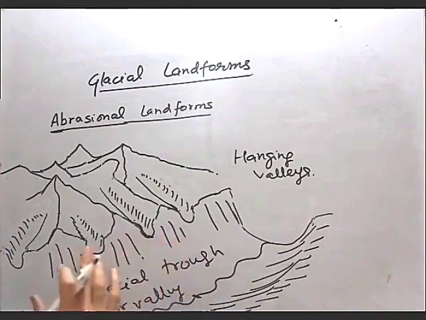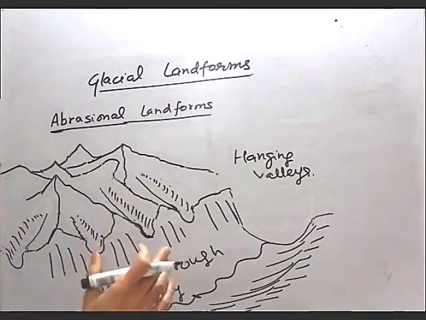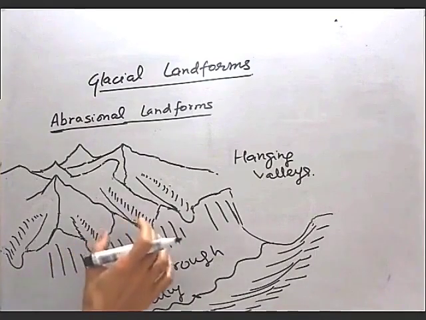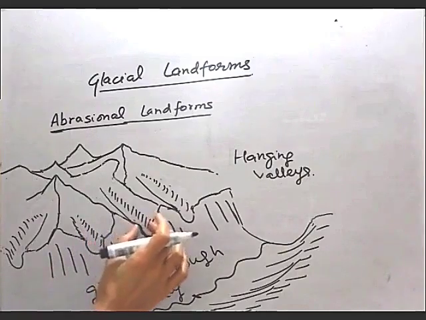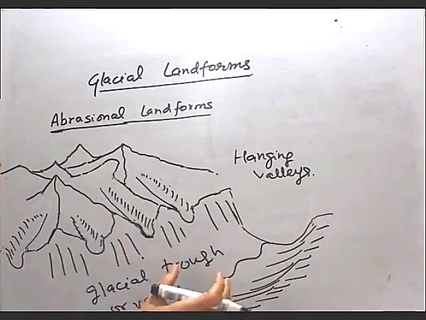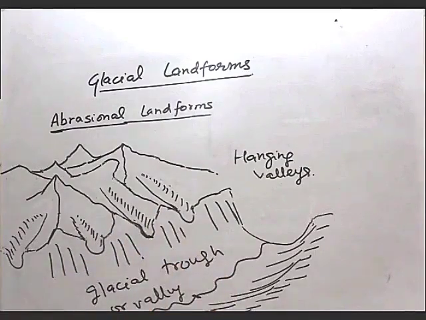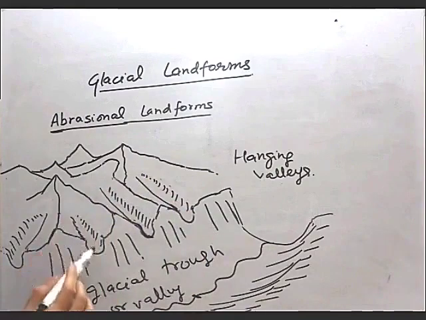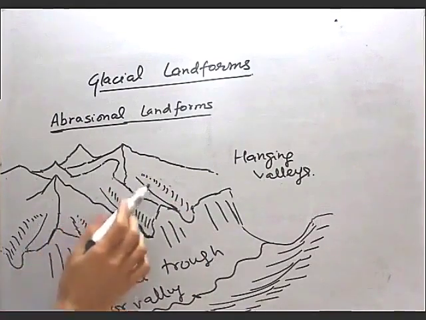So there is a concordance, and in the case of glacial valleys, there is a discordance, because the erosive power of tributary glaciers is far less than the erosive power of the main glacier. So these are different hanging valleys that contain tributary glaciers.